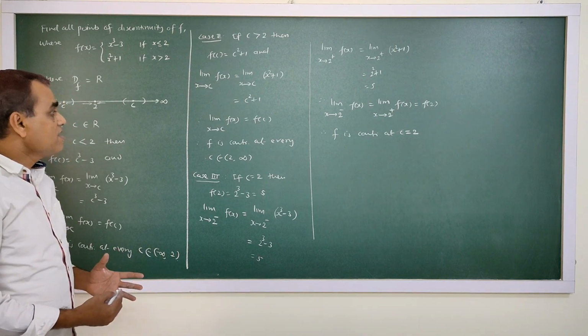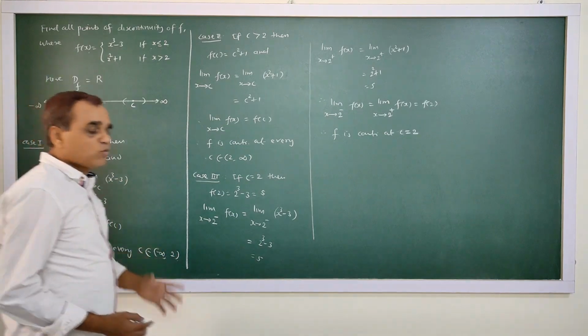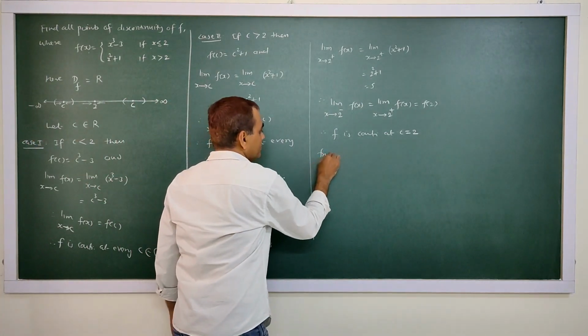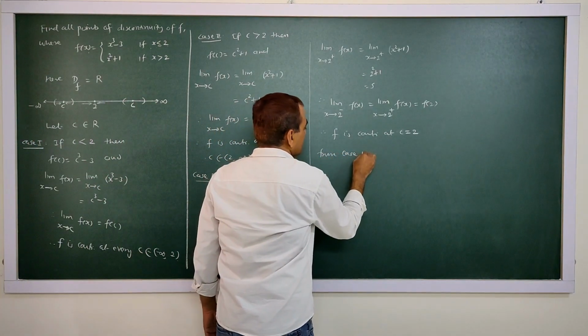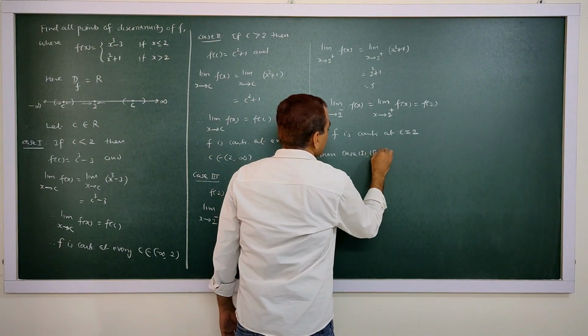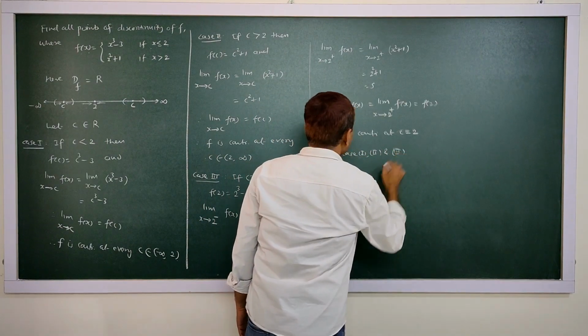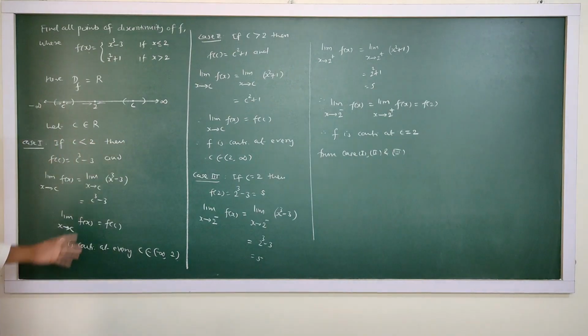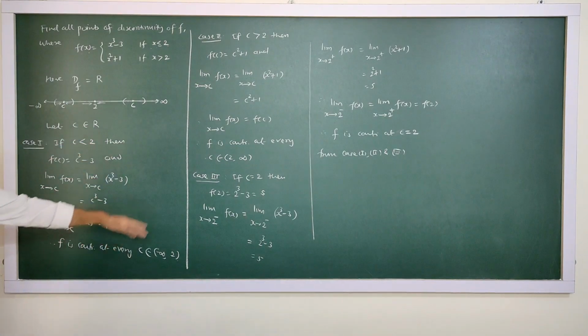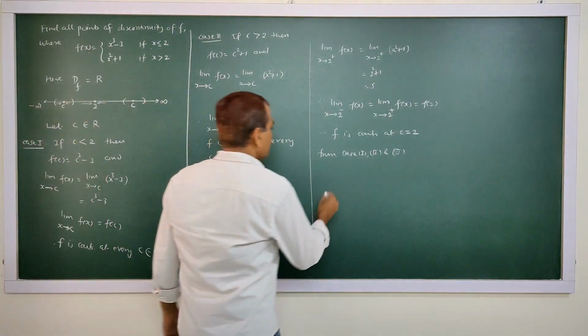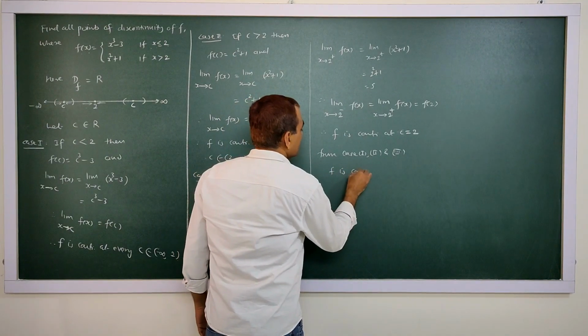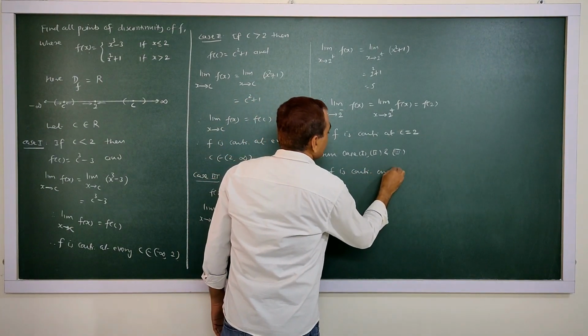From case 1, case 2 and case 3, it is clear that the function is continuous on R. It is continuous at every c. So f is continuous on R.